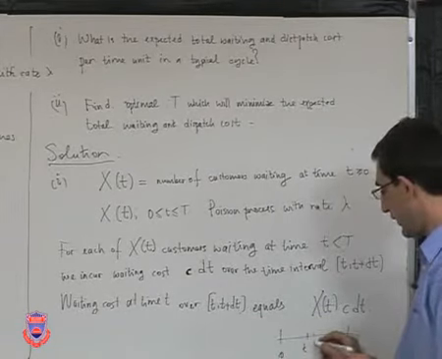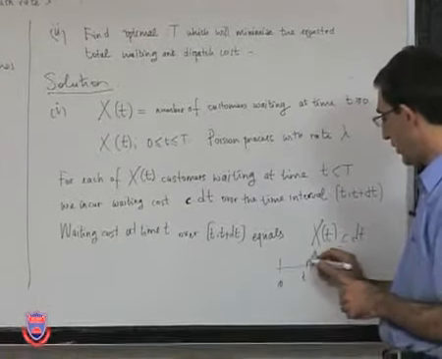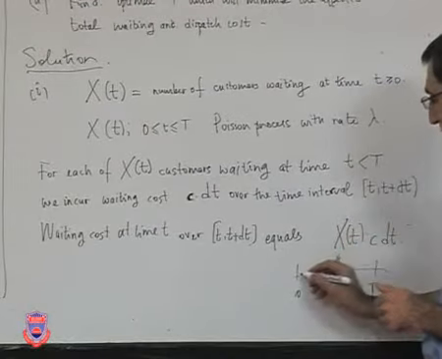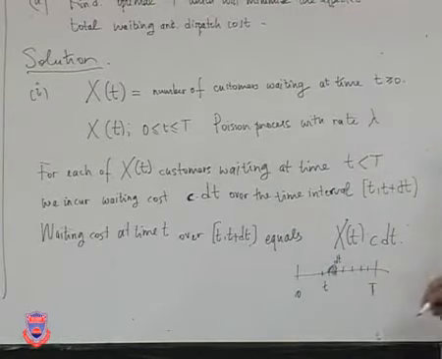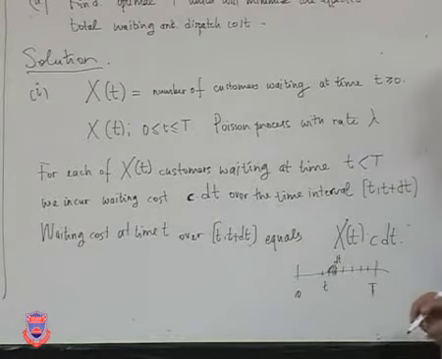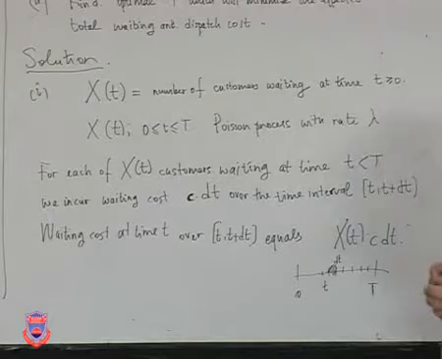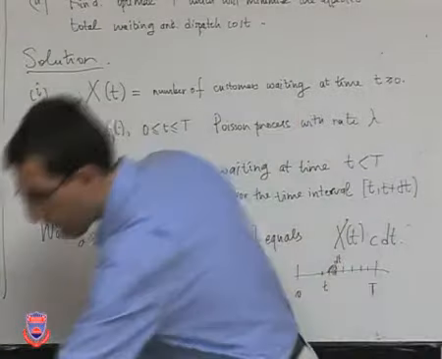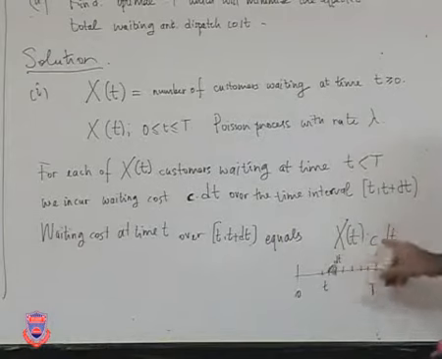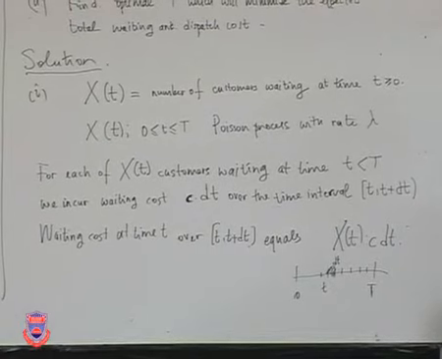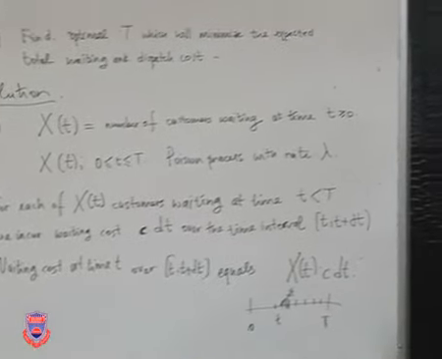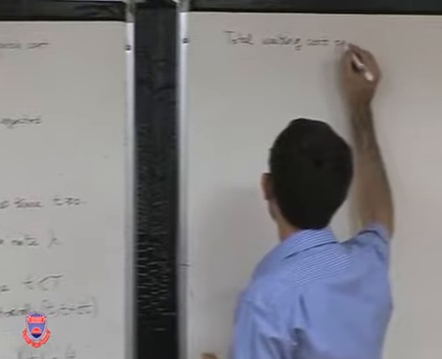I calculate the cost over each small interval and sum all the associated costs. We find that as the integral of this instantaneous waiting cost over time intervals from 0 to t. So total waiting cost per cycle.